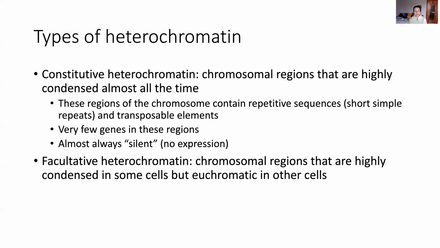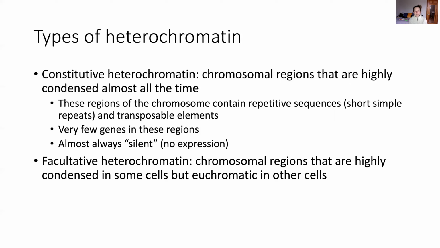And there are a few types of heterochromatin. So there's constitutive heterochromatin. So this is chromosomal regions that are highly condensed almost all of the time. These chromosomes contain repetitive sequences, SSRs, short simple repeats, and transposable elements or transposons. These are little sequences of DNA that can kind of copy themselves and hop around the genome.